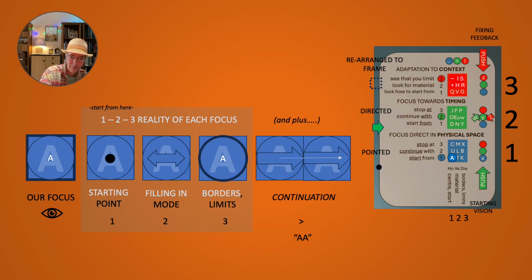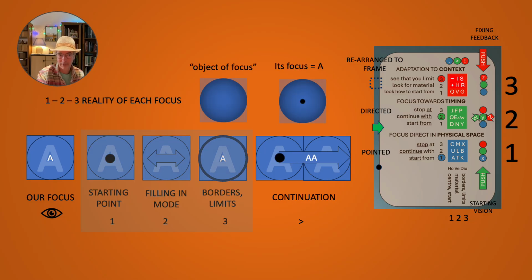Of course, the most important thing is its starting point, so it's its position, but we have to realize what will happen when we extend it outwardly. So basically you have always this 1 to 3 reality of each focus, and we have an object of focus, and with the focus of A upon the object, we see the object as it is.